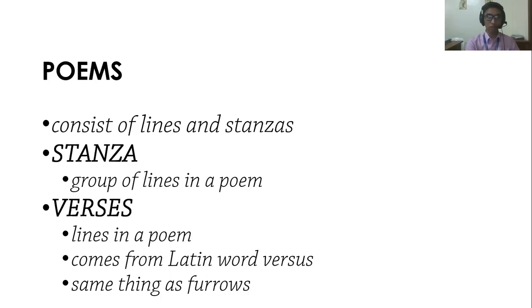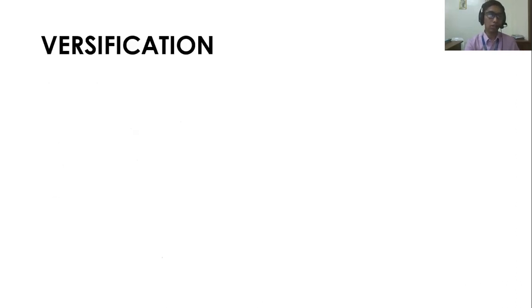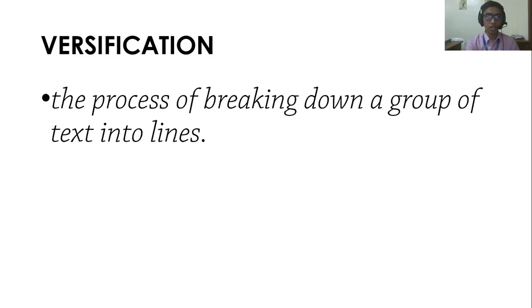So that's the structure of most poems that we have traditionally. There is also a term called versification. Versification is the process of breaking down a group of texts into lines.